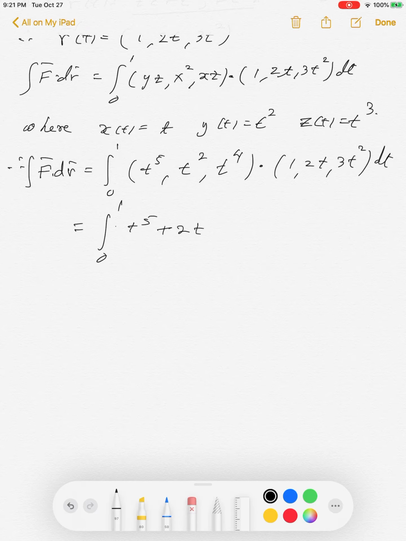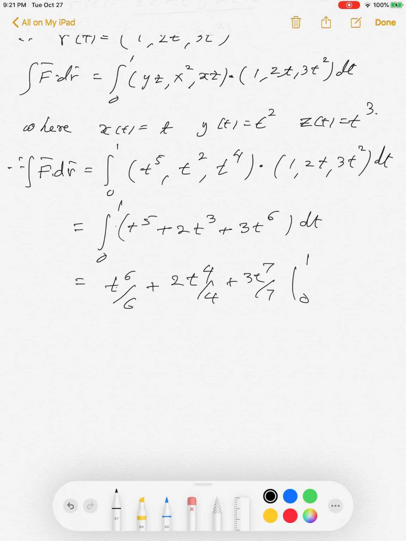So it's going to be integral 0 to 1 of t to the 5 plus 2t cube plus 3t to the 6 dt. So it's going to be t to the 6 by 6 plus 2t to the 4 by 4 plus 3t to the 7 by 7 from 0 to 1, which is 1 over 6 plus 1 half plus 3 by 7.